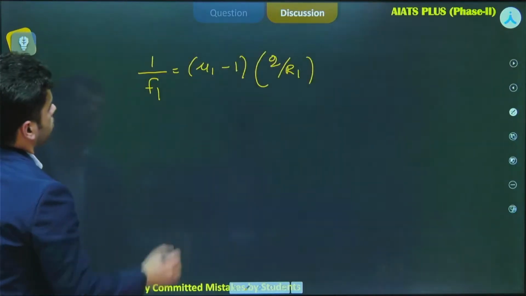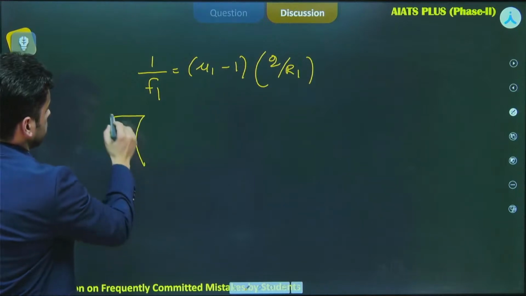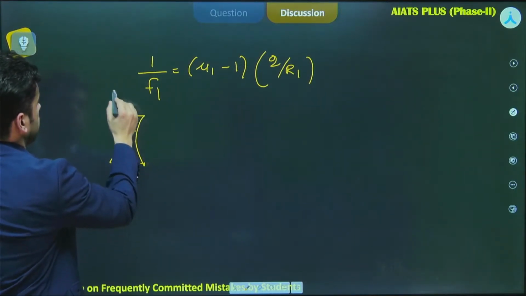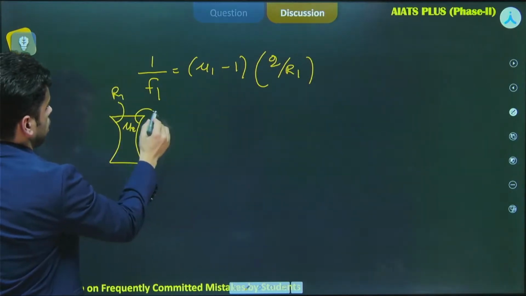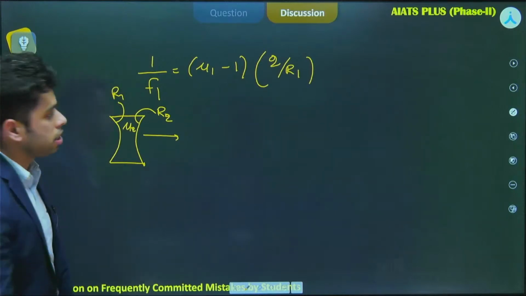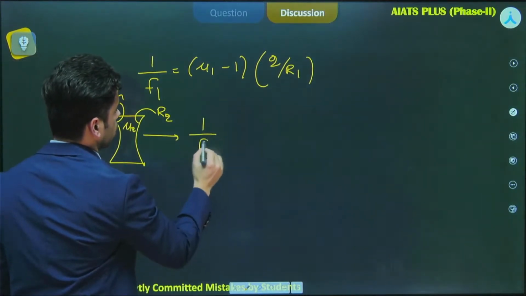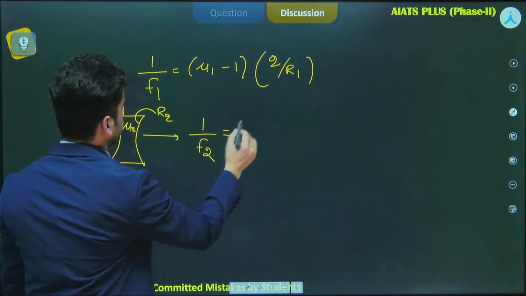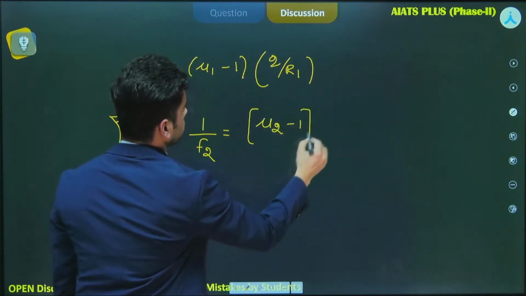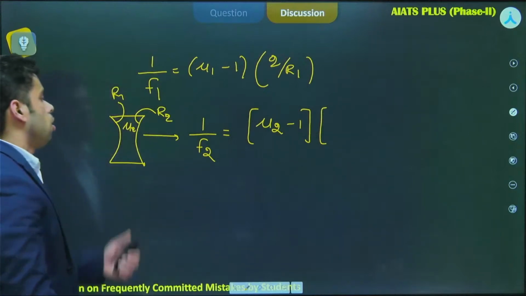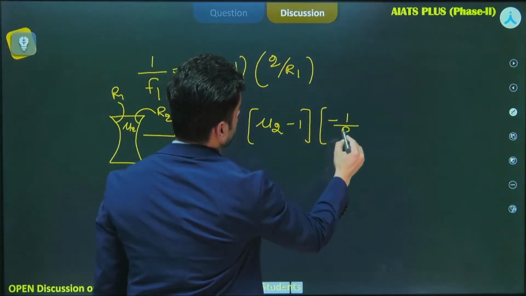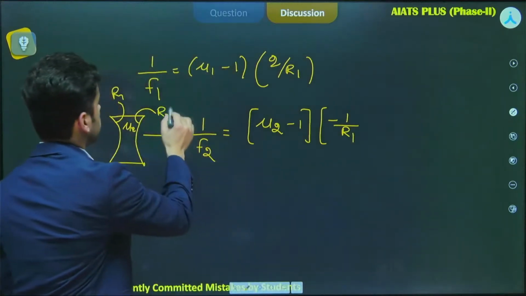Let's talk about the second part. Second part is something like this. The refractive index is mu2. This part is R1 and this part is R2. How to write the focal length of this part? Again the same lens maker equation, 1 over F2, I am assuming the focal length to be F2. It will be equal to (mu2 minus 1) into (minus 1 by R1, since this part will be negative, minus positive of R2, since this R2 will be positive).